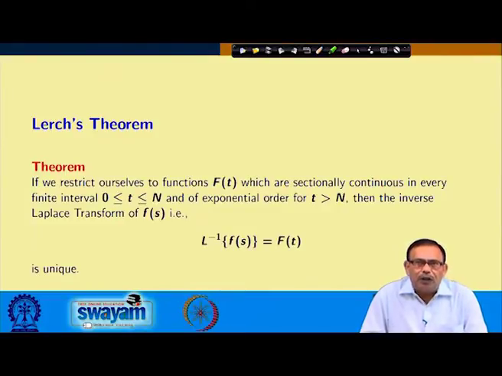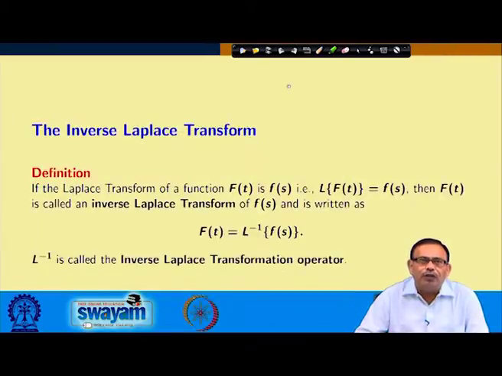Means, if I have the Laplace transform of a function, then the inverse Laplace transform of that function will be unique if we restrict the functions to this only, that is, if we do not consider the null functions.